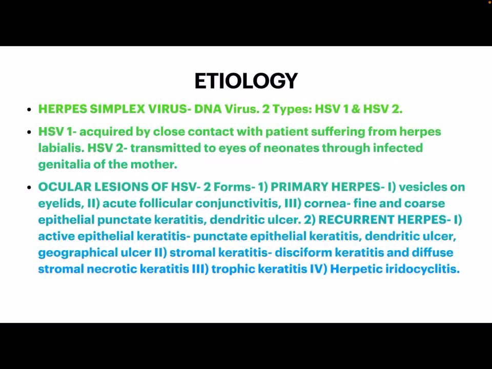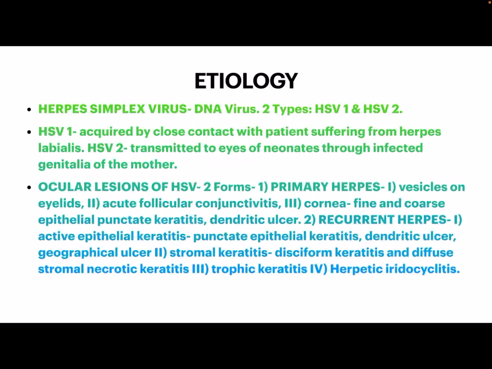Then recurrent herpes: when the HSV infection first happens in the person, it will cause lesions, then it will undergo a dormant state in the ganglion, in the trigeminal ganglion, and then when there is a stressful condition, it will get reactivated and it will again show some different ocular lesions. Okay, so that is recurrent herpes.